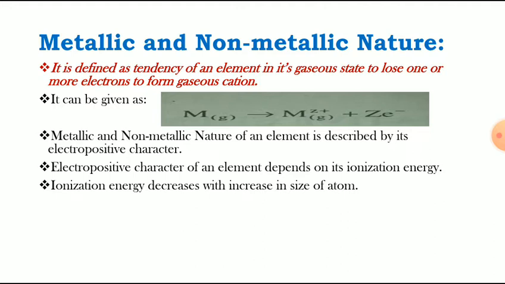At that time, the attraction between the nucleus and the outermost electron will be very low when we consider a bigger atom, or you can say cesium or francium. The energy required to remove the electron in the outermost shell is less.